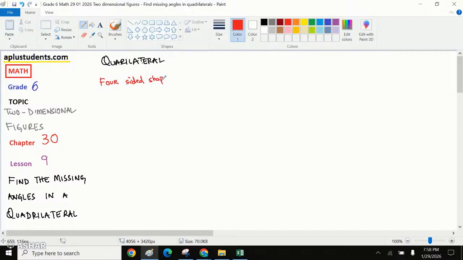Okay, so let's look at a few examples of four-sided shapes. A square is a four-sided shape, right?